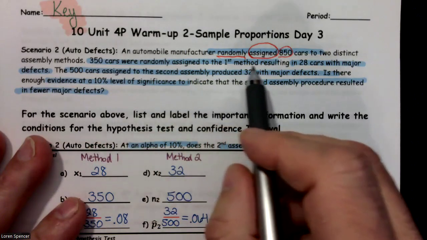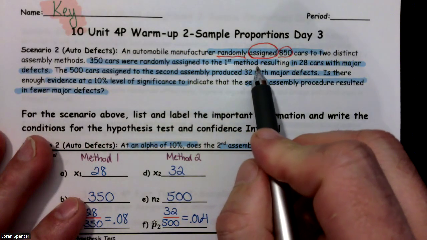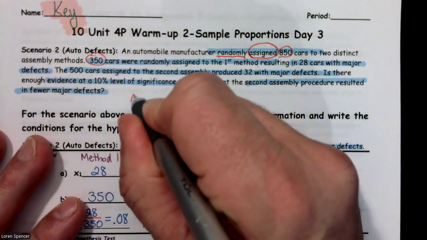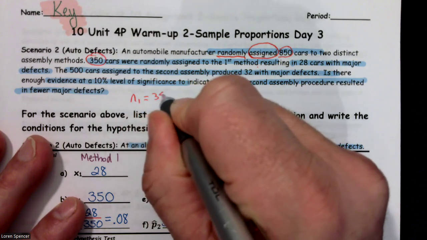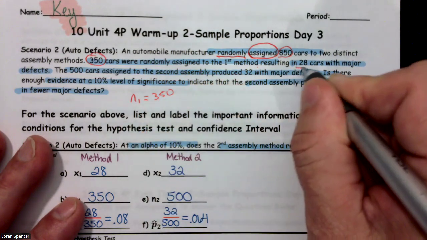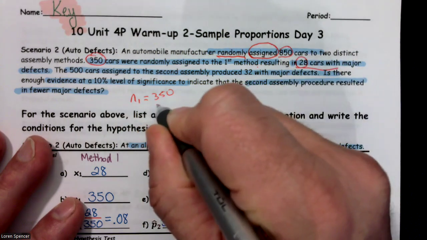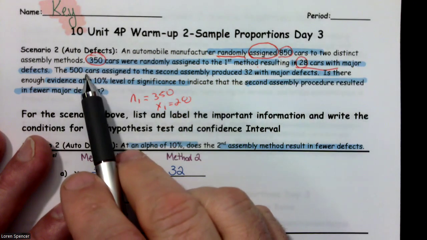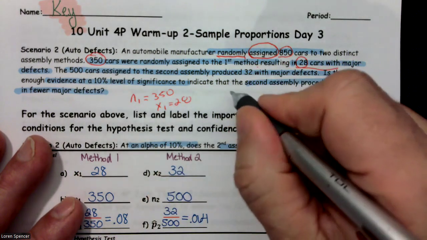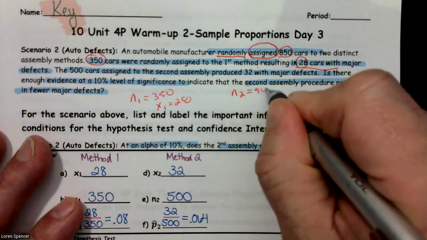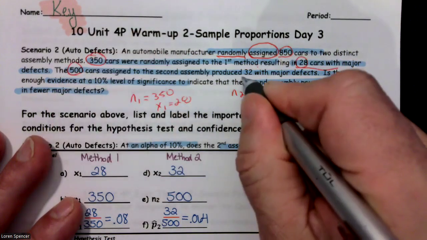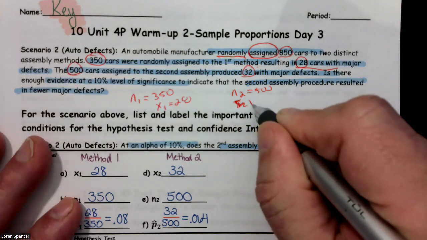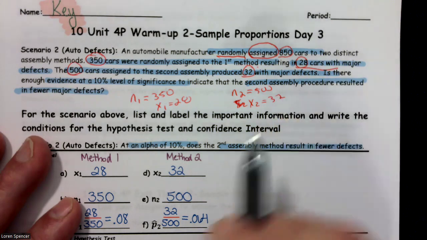350 cars were randomly assigned to the first method, resulting in 28 with defects. So our sample size for the first one is 350, and we have 28 defects. The 500 cars assigned to assembly 2, so n2 is 500, with x2 equals 32 defects.